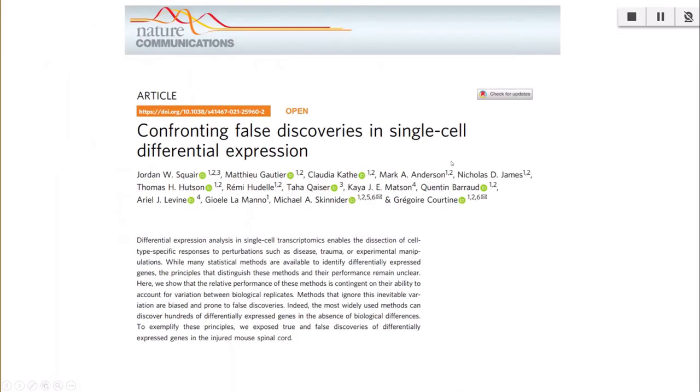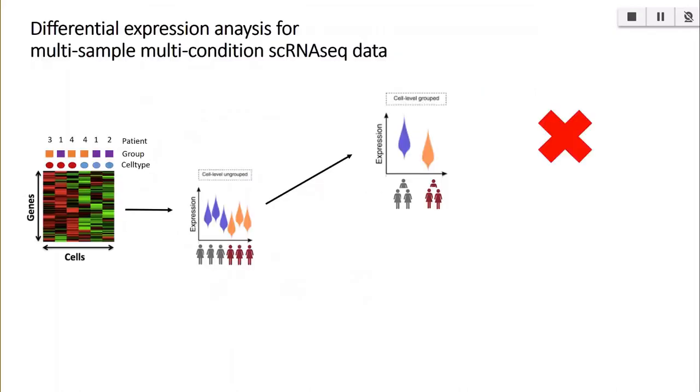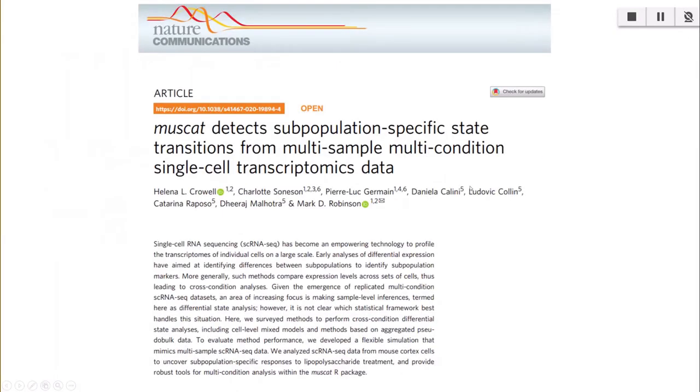It has been shown in recent publications that if you pool all cells of all samples from one condition together, this might lead to false discoveries because you ignore the variability that you have between different samples. Therefore, this typical approach is flawed and other methods are necessary.